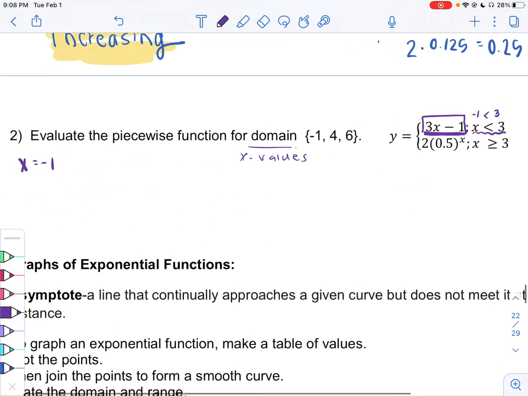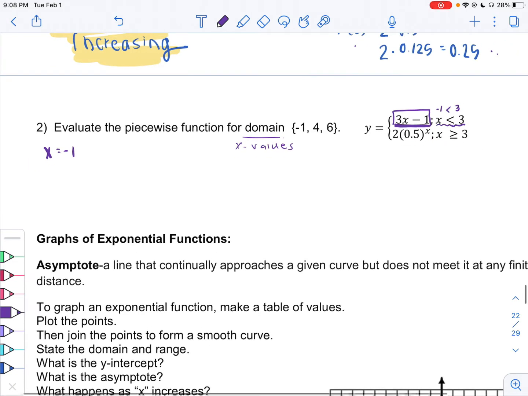So for when x is -1, I'm going to have y equals 3x minus 1. Well, if x is -1, then I can just replace x with -1. Do your multiplication first. So -3 minus 1, and your y value is -4.